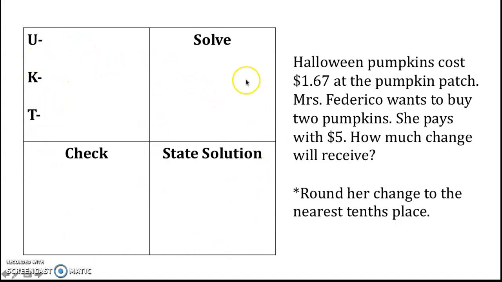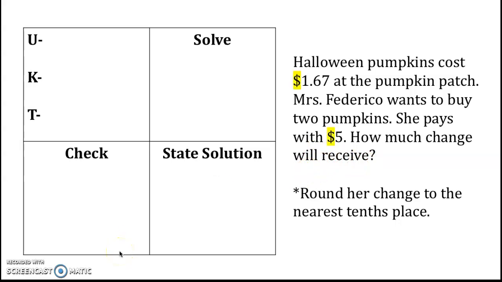Foursquare is an instructional way that we organize our work, where in the top left corner we have our word problem analysis, which is UKT, units, keywords, and total. In our top right corner we have solve, where you do your work. Bottom left corner we use our understanding of inverse operations to check our solution. And in the bottom right corner we actually state our solution, answering the word problem question.